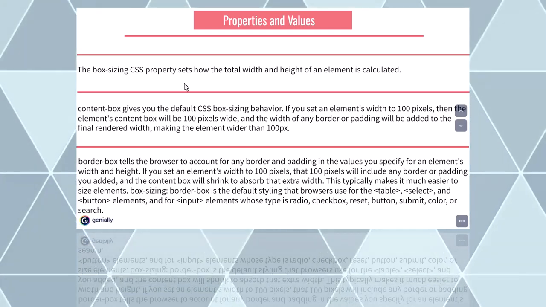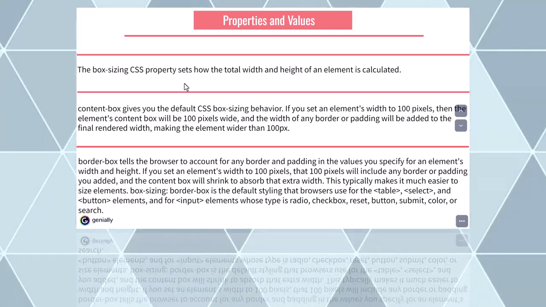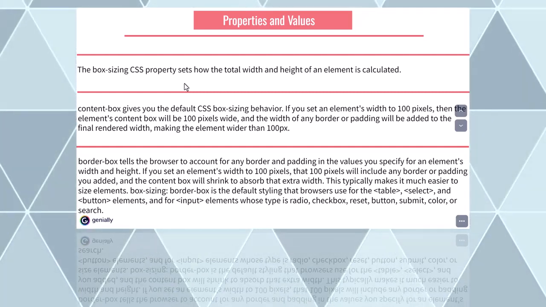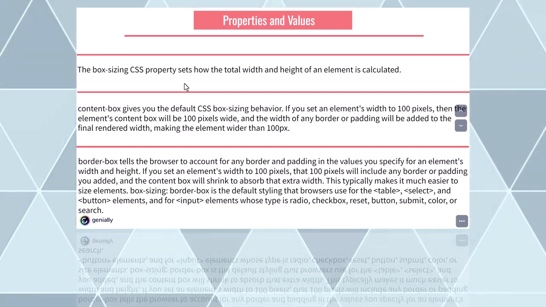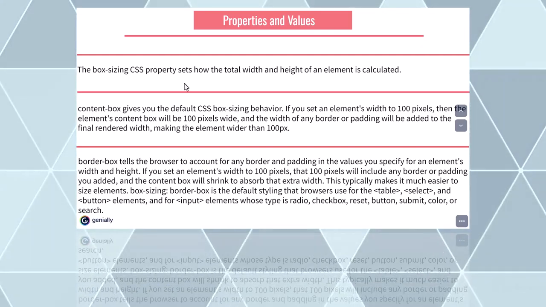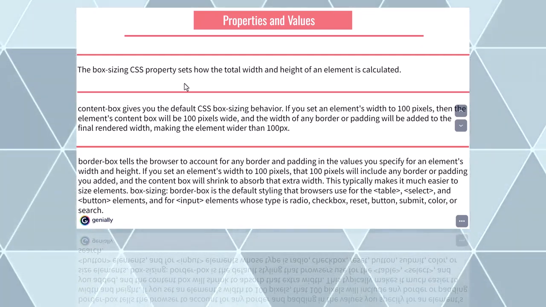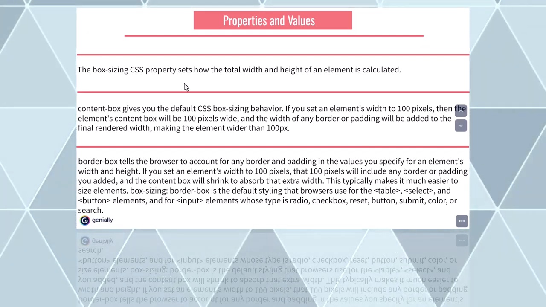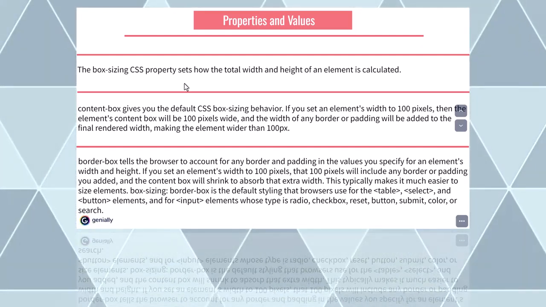So the box model goes like this: we have the content, which is your text or your images. Then after the content, you have what? The padding. Right? This is important, so you have to understand this. The padding is like the background. That's where you can add your background color.